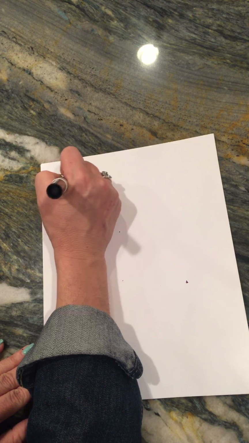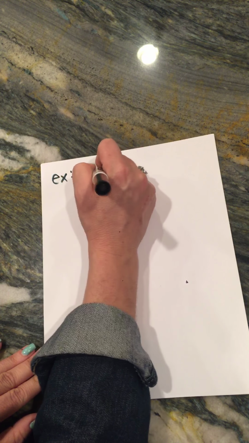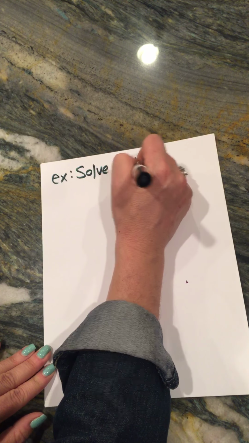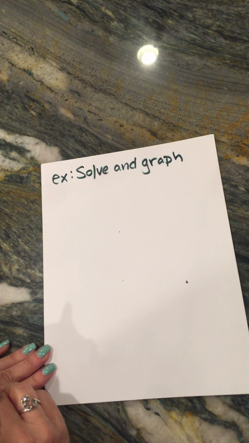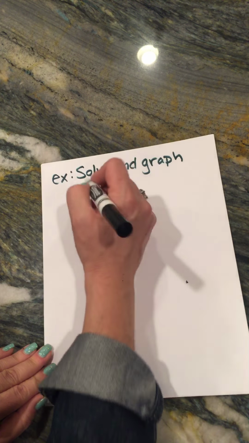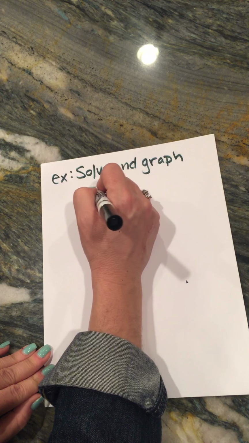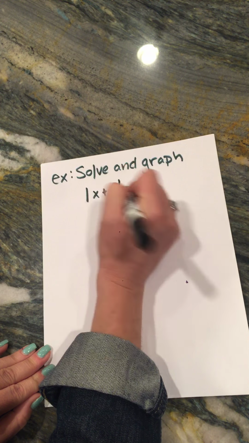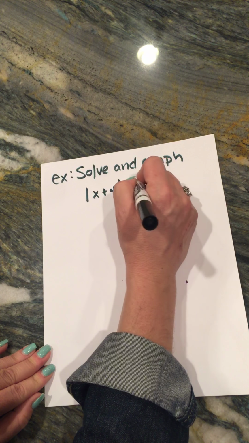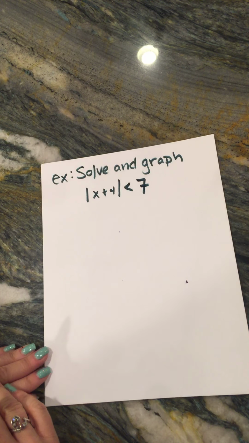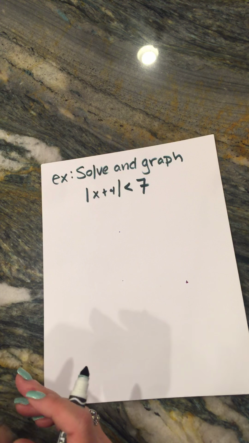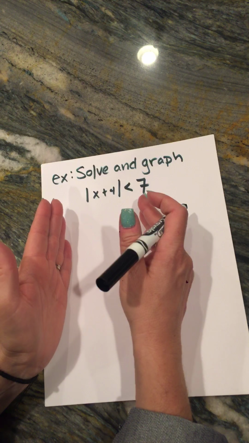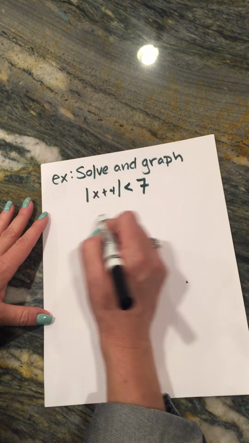Here we go. The instructions are going to say solve and graph. Solve and graph. And the problem is the absolute value of x plus 4 is less than 7. All right, so that means that we are going to be between 7 and -7.